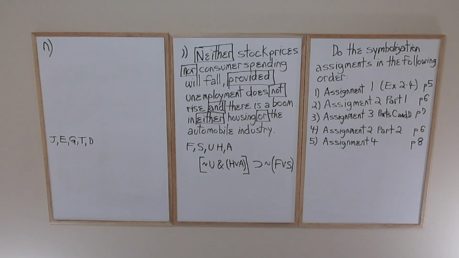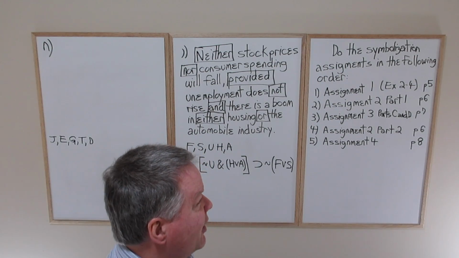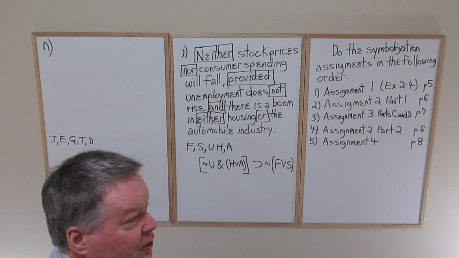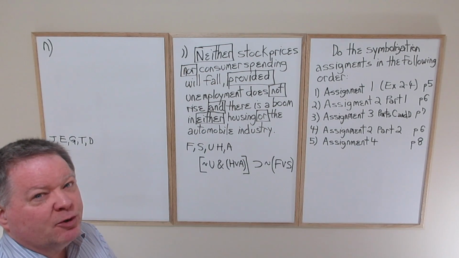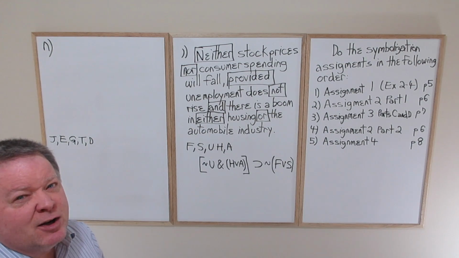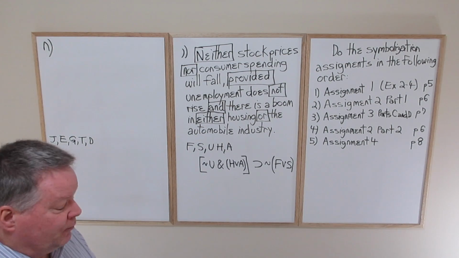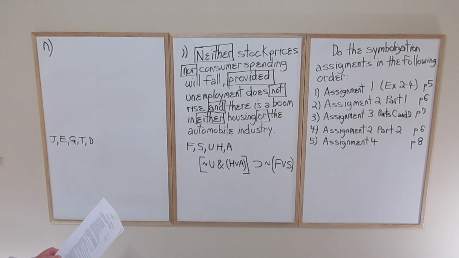Finally, we will end off our consideration of symbolization in sentential logic, symbolization for individual sentences, considering question N, the last question in part 2 of assignment 2. If you look at this, quite a complicated foreboding sentence.